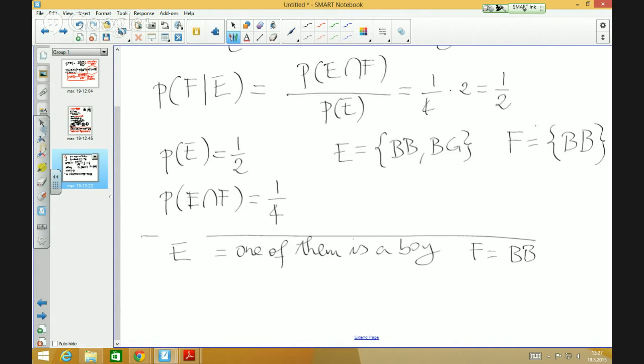sort of the probability of E. What is the probability of E now? Okay, the probability that one of them is a boy is, as one of your colleagues said, 3 out of 4.